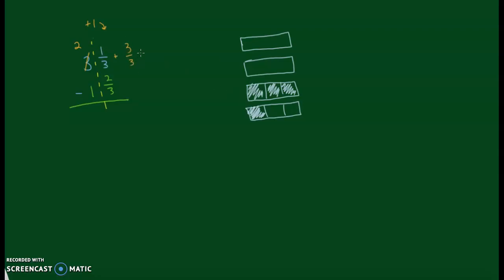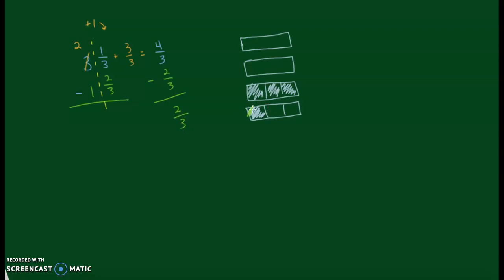So now 1/3 plus 3/3 is 4/3. And you can see the 4/3 right here. Now I can take my 4/3 and I can subtract my original 2/3, and that leaves me with 2/3.